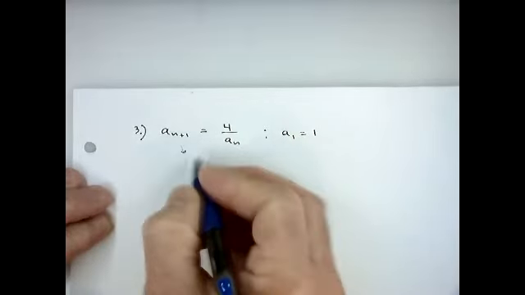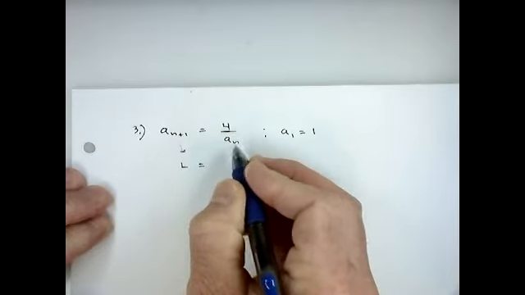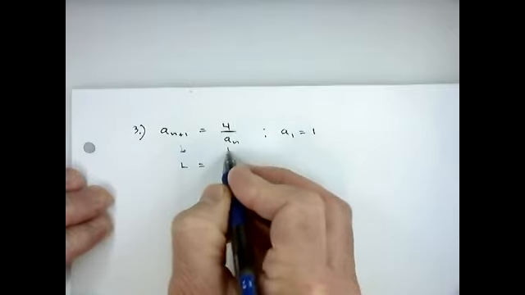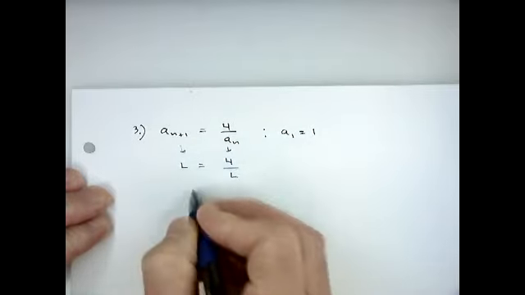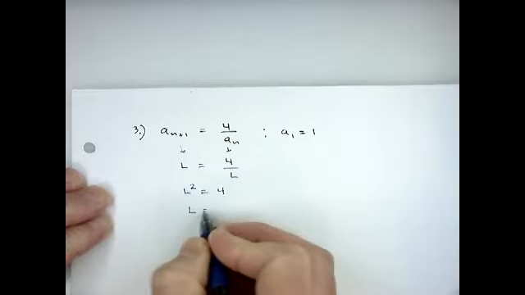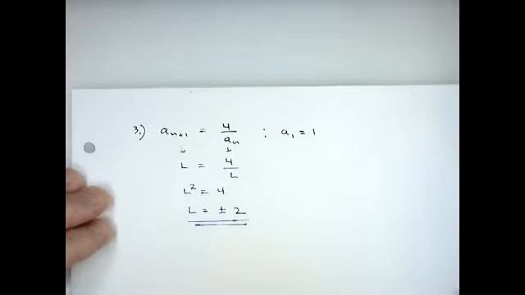We do that by setting a sub n plus 1 and a sub n both equal to L. So I'll have L equals 4 over L. That gives me L squared equals 4, which gives you two possible fixed points of plus or minus 2.